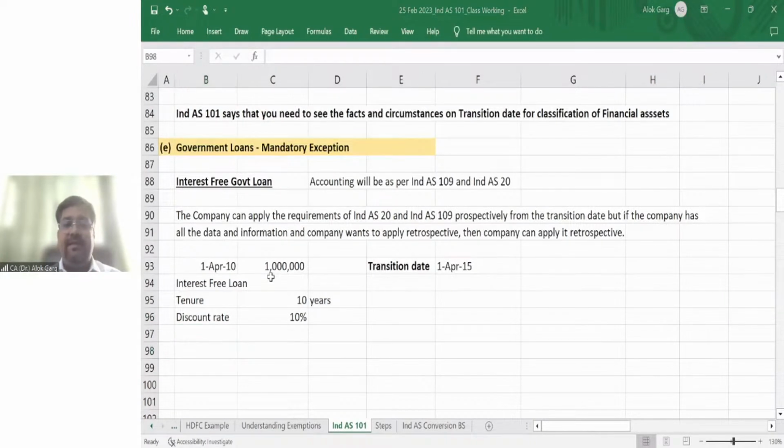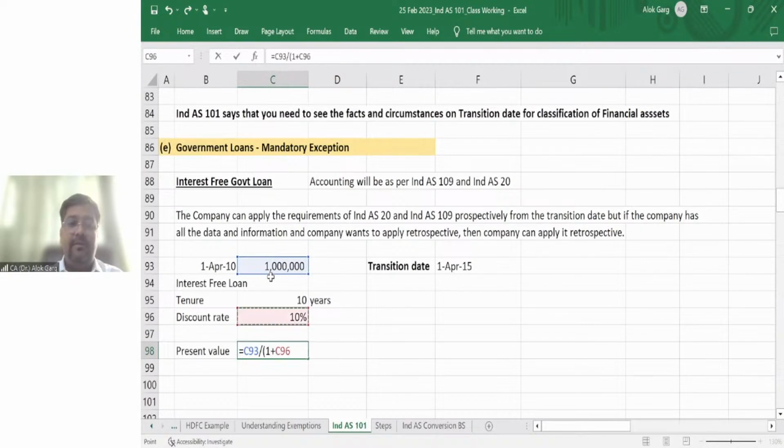In this case, if the company has to do the retrospective application, what is the present value of this 10 lakh rupees of loan? Let's say I have received 10 lakh rupees on 1st April 2010, and after 10 years I'll pay 10 lakh rupees. It means what is the present value of 10 lakh rupees, which I'm required to pay after 10 years? 10 lakh divided by 1 plus 10% to the power 10, which is years.